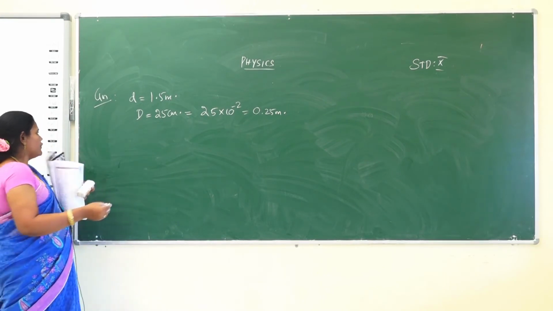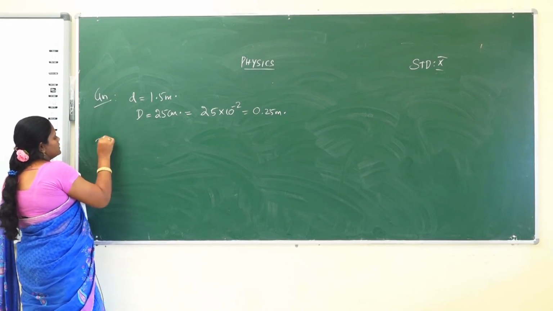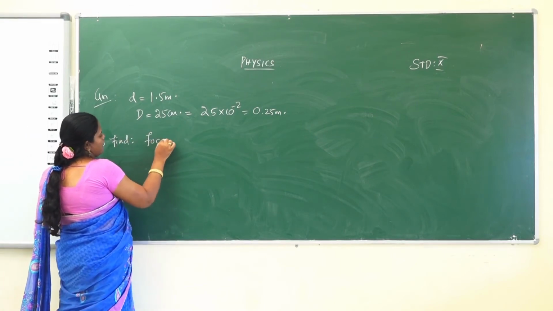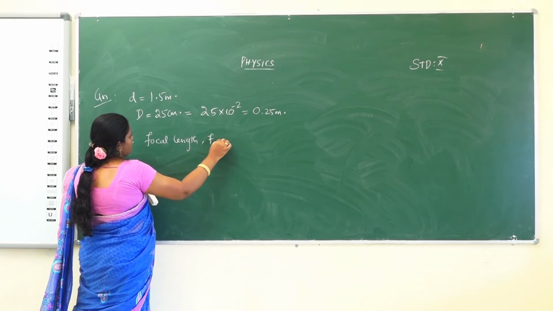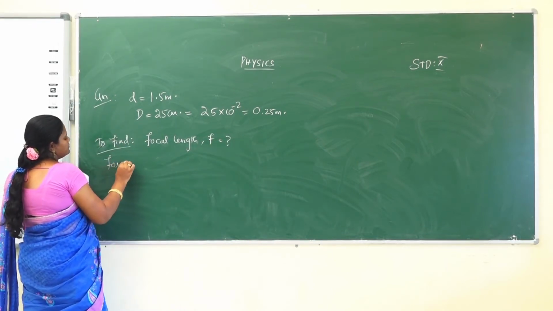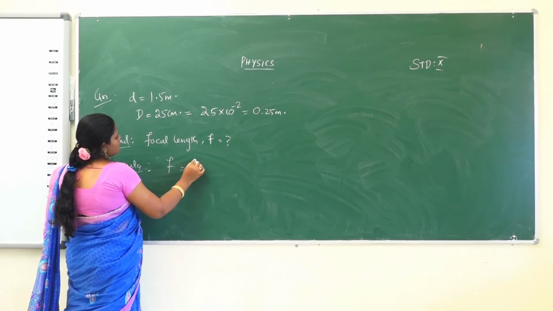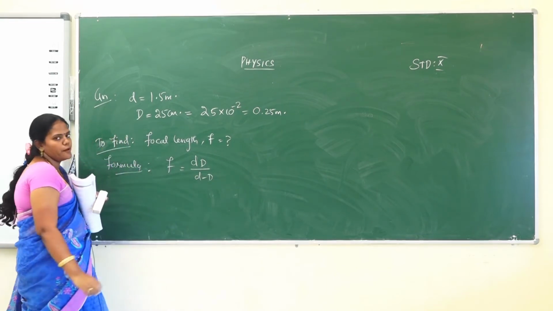So what formula will be used to solve this problem? What will we find out first? That is the focal length. Focal length F is equal to question mark. The formula is focal length F is equal to small d capital T by small d minus capital T for hypermetropia.